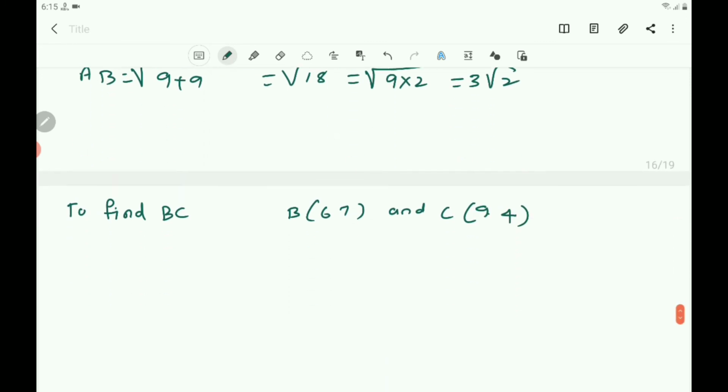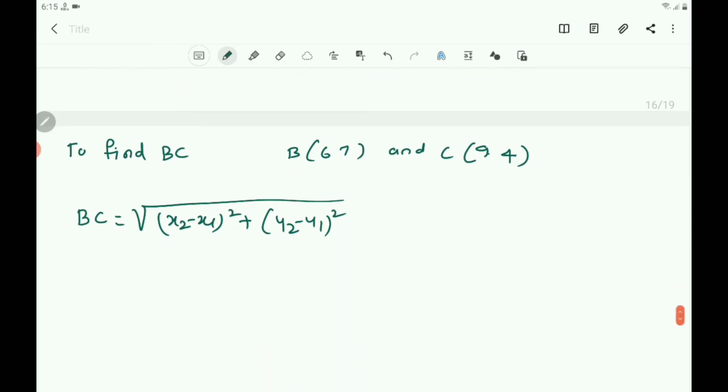Write the distance formula: BC equals the square root of (x2 minus x1) whole square plus (y2 minus y1) whole square.